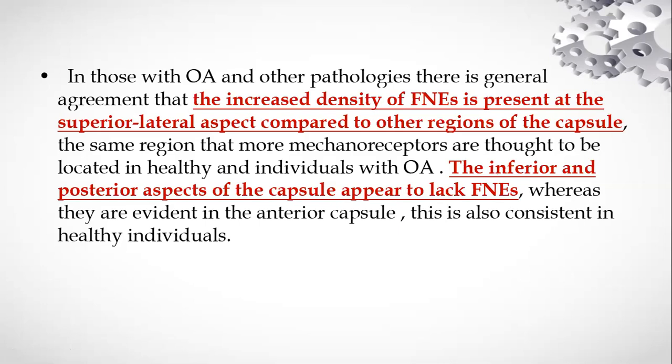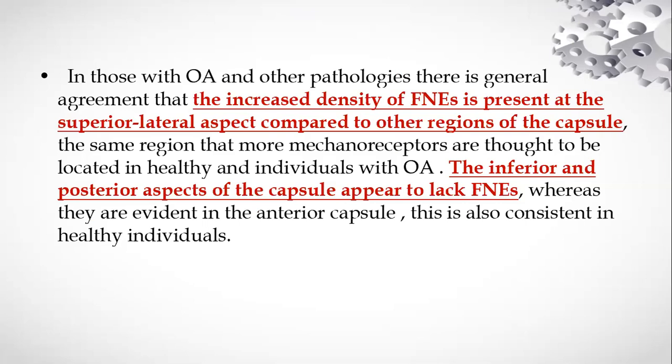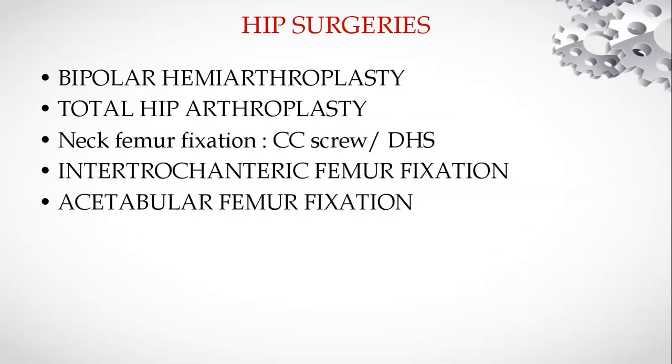The inferior and posterior aspects, as we discussed earlier, are supplied by the sciatic nerve. They may not be responsible for a majority of the pain experienced post-operatively or after acute hip trauma. That is just a hypothesis from these studies, though nothing has been proven unanimously or without a doubt.